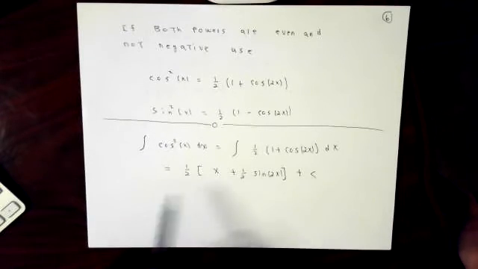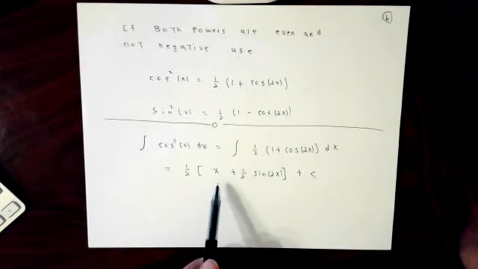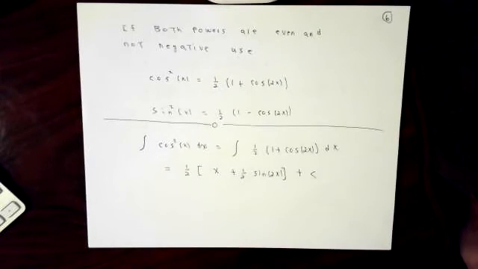Pull the factor of 1/2 out front. An antiderivative for 1 is x, and an antiderivative for cosine 2x is 1/2 sine 2x. Then add your constant of integration, and you have your antiderivative.